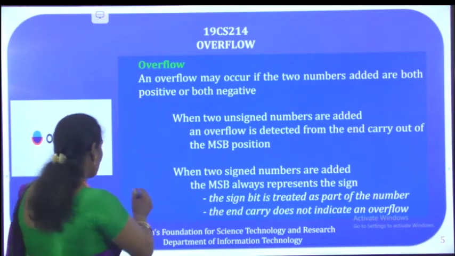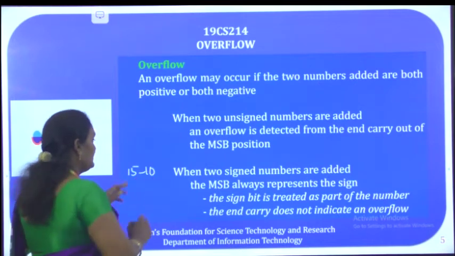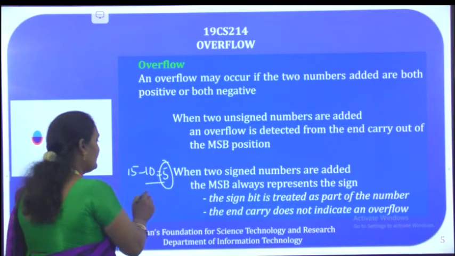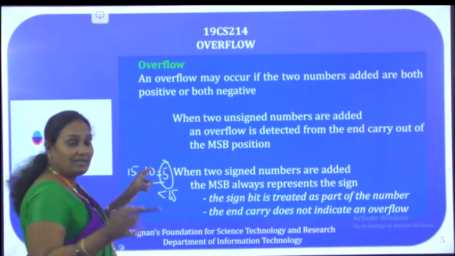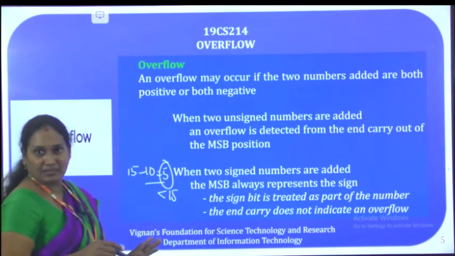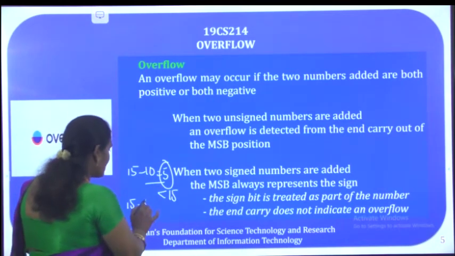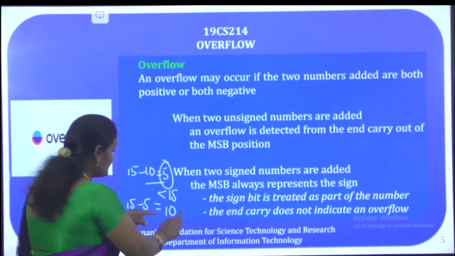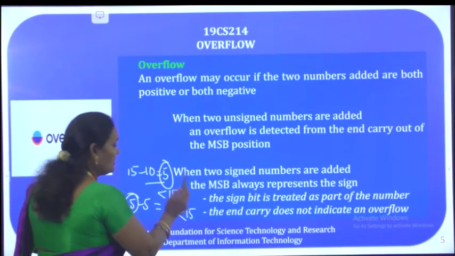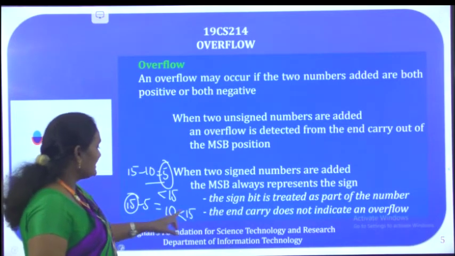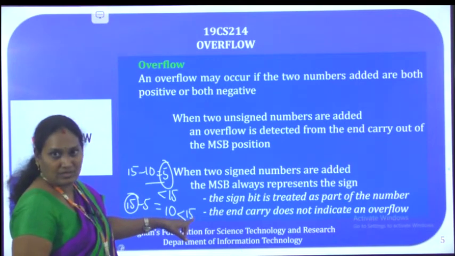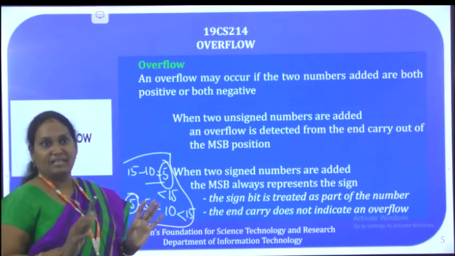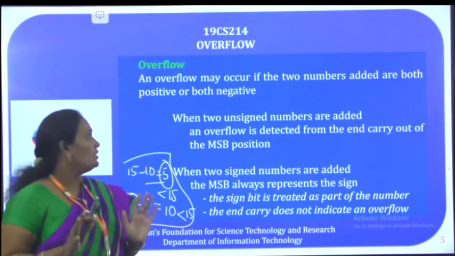For example, if I subtract 15 minus 10, I get 5. This 5 is less than 15, so I can accommodate 5 in place of 15. If I subtract 15 minus 5, I get 10. This result is always less than the largest, so I can place the result in place of the largest value. So in case of subtraction, overflow never occurs. In case of addition only, we will get overflow.